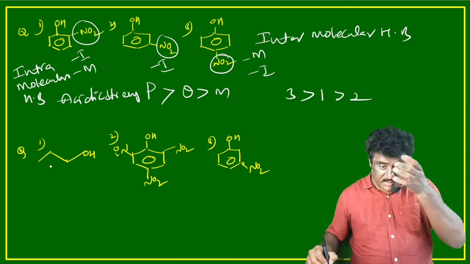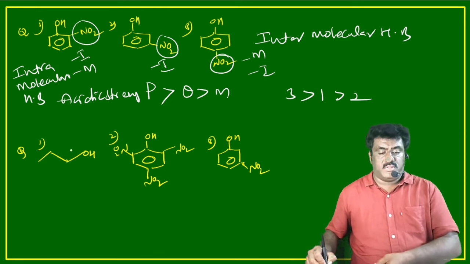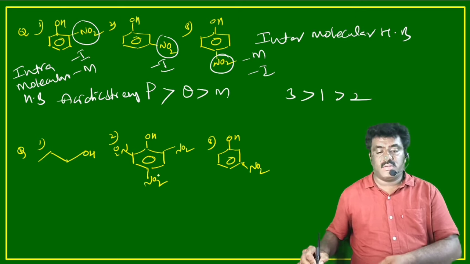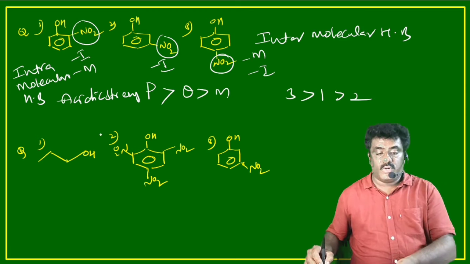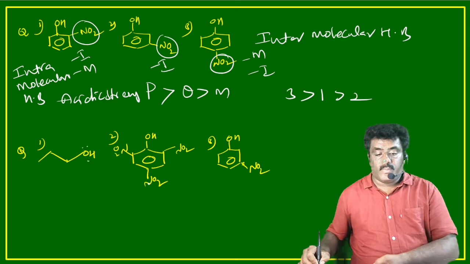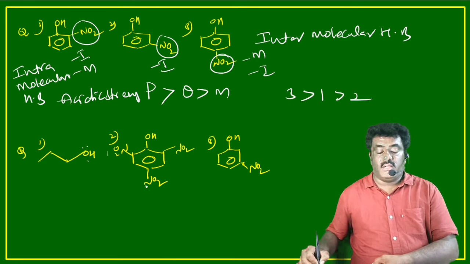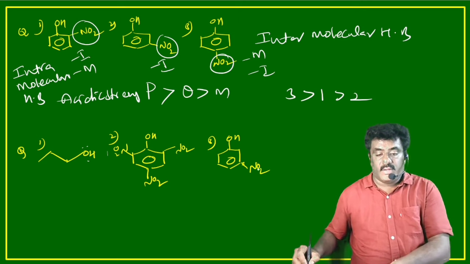See, it is 1, 2, 3. Comparing phenol, 2,4,6-trinitrophenol and meta-nitrophenol: the trinitrophenol has three electron-withdrawing groups with minus mesomeric and minus inductive effect, while meta-nitrophenol has only one.